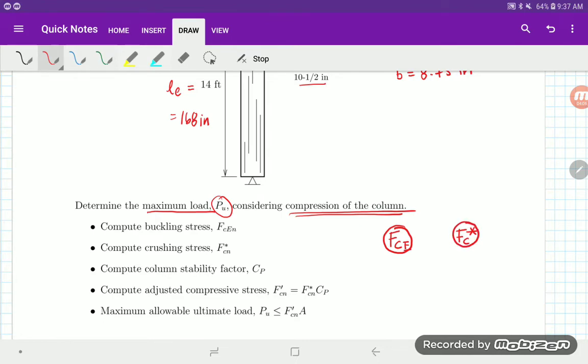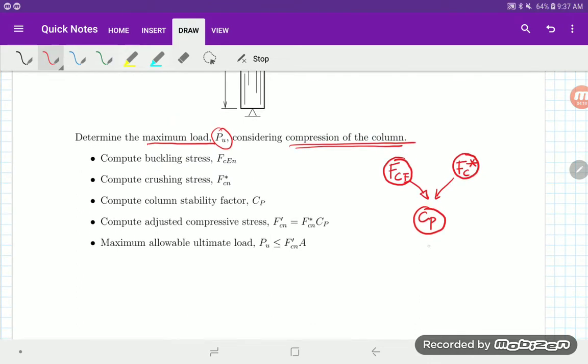It's the strength or capacity based on F sub C star. And then we combine those two to compute our C sub P, our stability factor for columns for axial load. And ultimately, that's where we determine our adjusted value for the strength, F sub C prime.